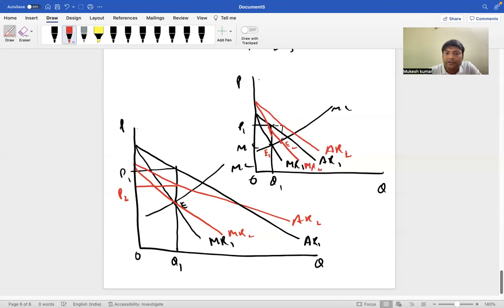For this equilibrium, the price level will be the same, OP1. But what about the output? The quantity Q2 is changing. So at the same price, different quantity, and for the same output, a different price.